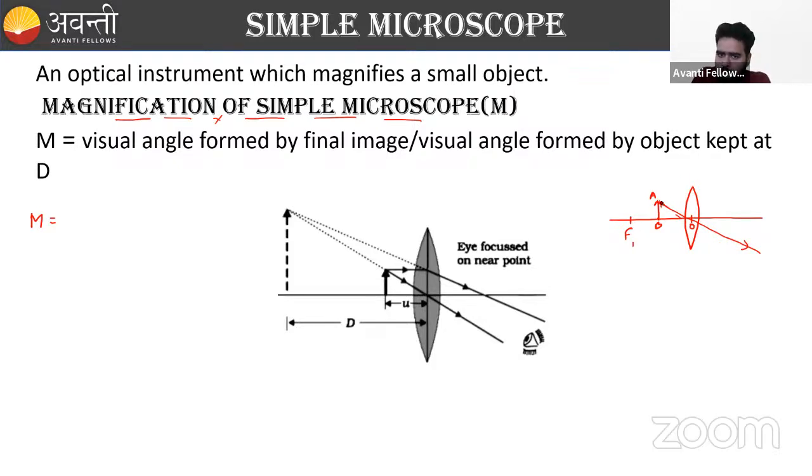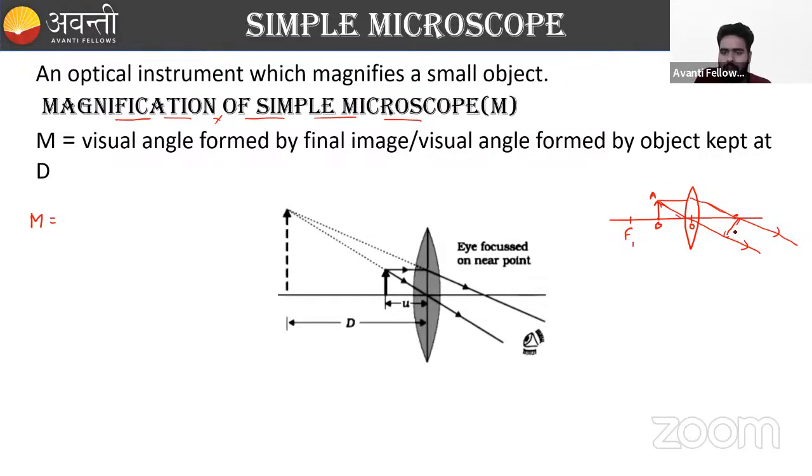And one ray that is parallel to the principal axis, after refraction, must pass through the second focus, the main focus of the convex lens. We know these two rays are not going to meet after refraction, because they are separating, that is, diverging in nature.